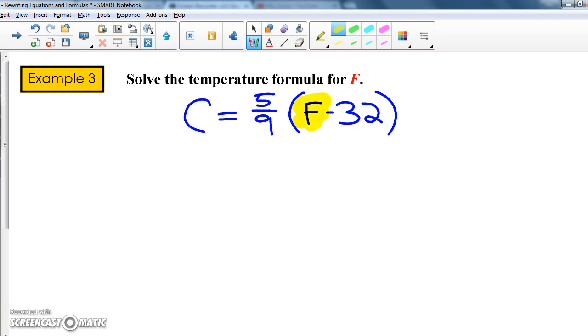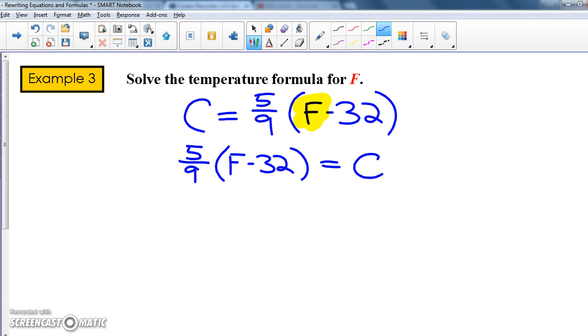You'll notice there's parentheses there. In this case, what we actually need to do is get rid of the stuff outside the parentheses first. I'm going to go ahead and flip this so that it's a little easier to do. So I have 5/9 times F minus 32 equals C. If I want to get F by itself, I first need to get rid of the stuff outside the parentheses.